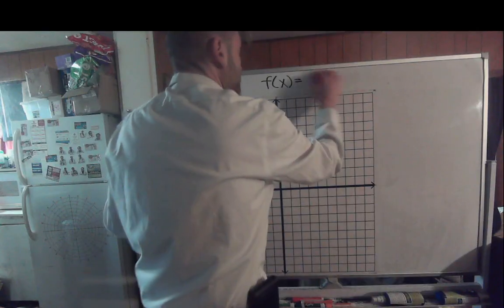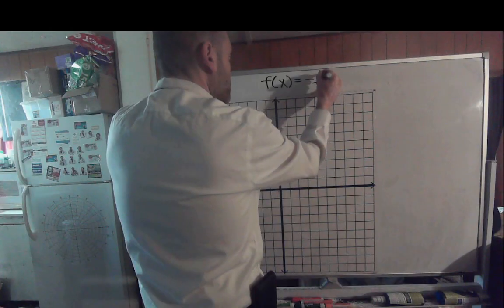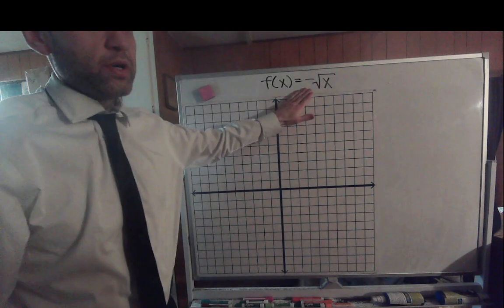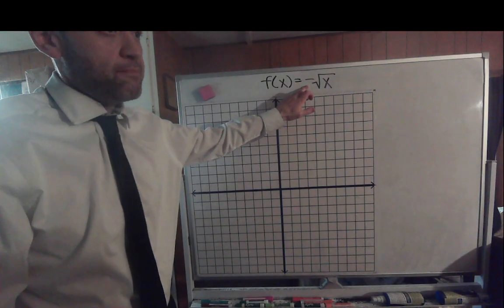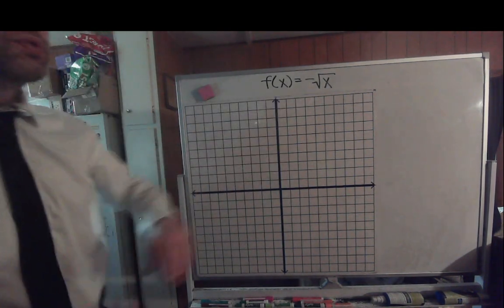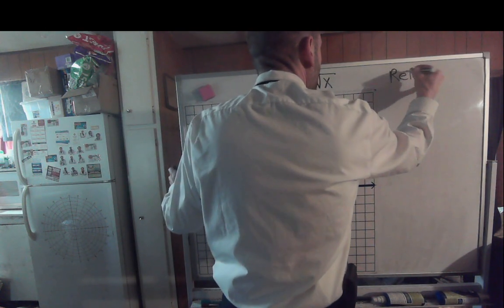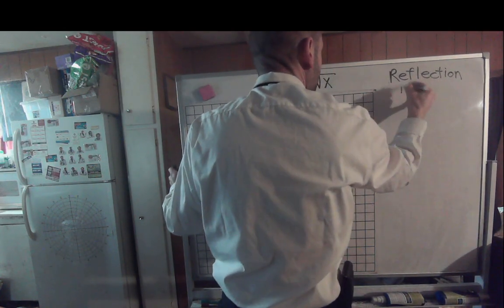Now these are about to get interesting. Let's say I have f of x equals negative of the square root of x. Well, since that negative sign is outside of the radical, this is a reflection in the x-axis. So we only have a reflection in the x-axis on the original.